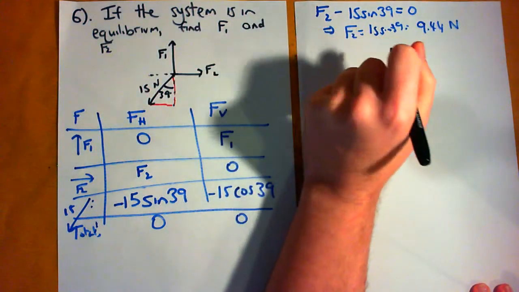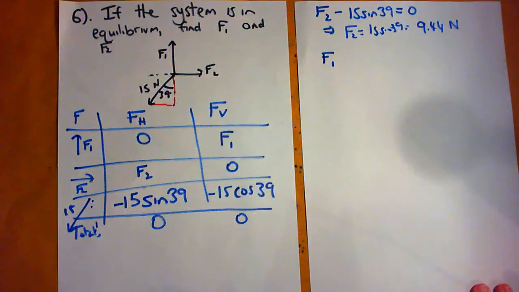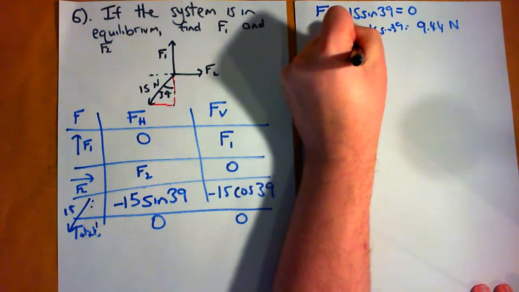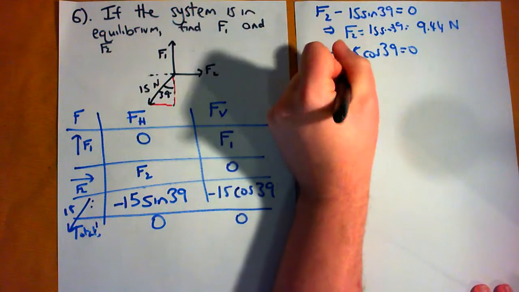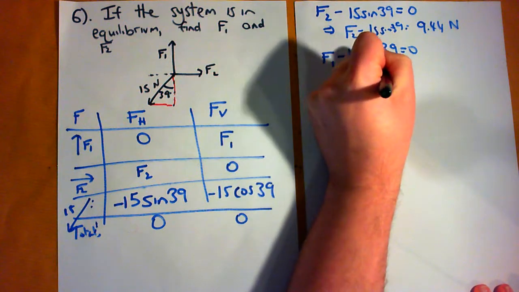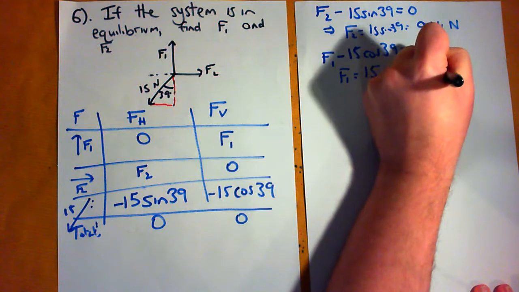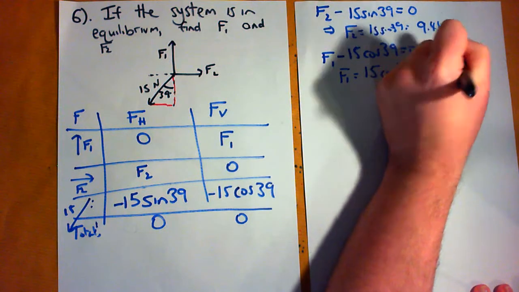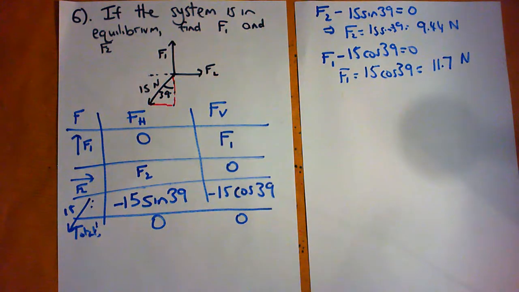And for the vertical column, we've got F1 minus 15 cosine of 39 equals 0. So therefore, F1 equals 15 cosine of 39. And if we calculate that, we get 11.7. So F2 is 9.44 and F1 is 11.7.